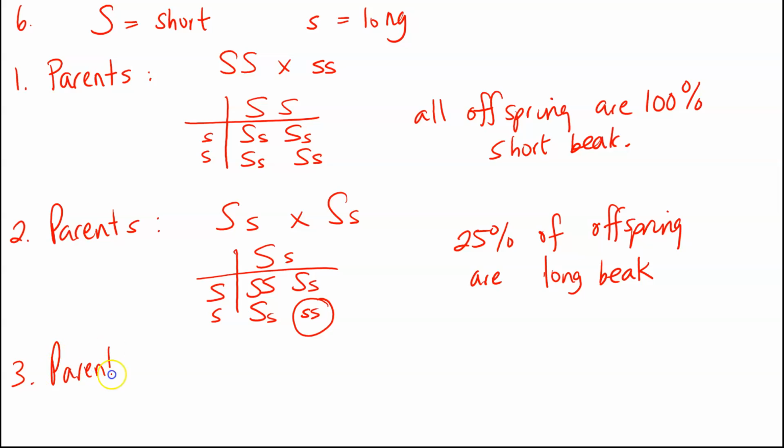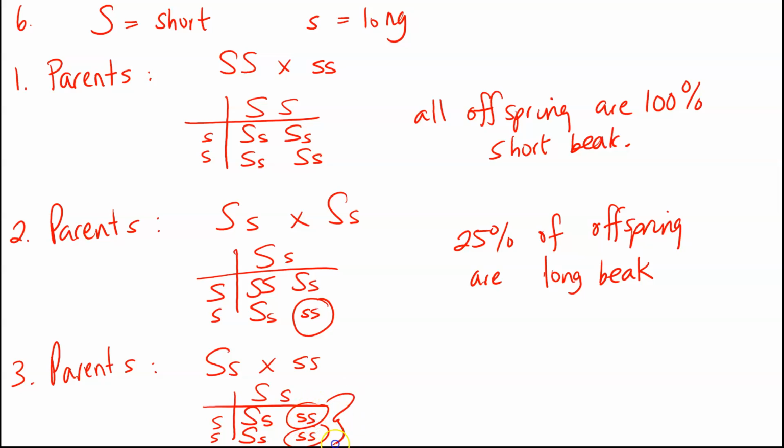Let's try a different set of parents. So let's try a heterozygous with a homozygous recessive. Let's see if this gives us our 50%. So you do the cross, big S, small s, small s, small s, and there we go. This makes 50%.